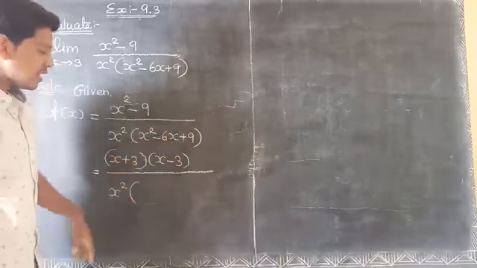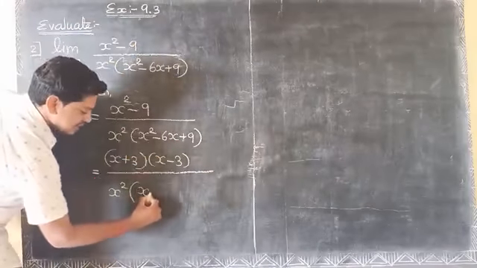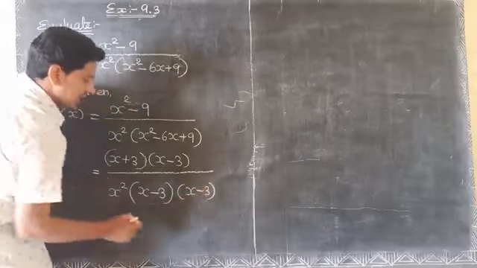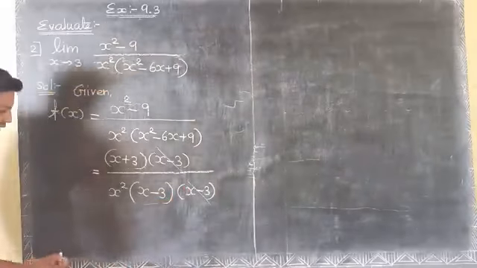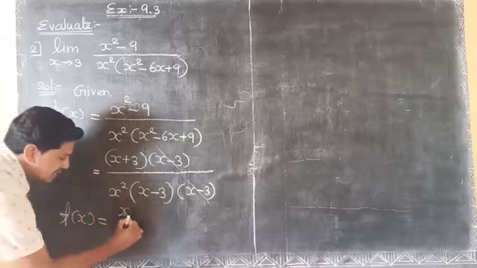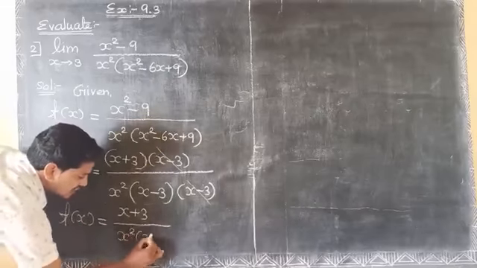X minus 3 the whole square is the factor multiplied twice, that is x minus 3 into x minus 3. Here the factor x minus 3 cancels. Finally we get the given function, that is f of x equal to x plus 3 divided by x square into x minus 3.